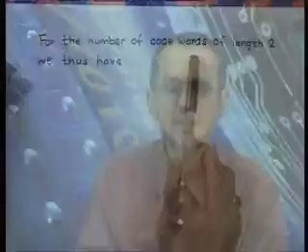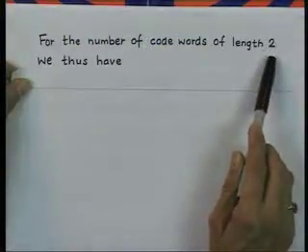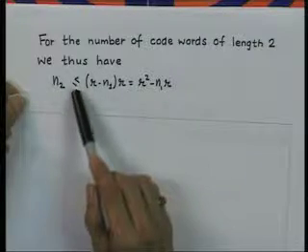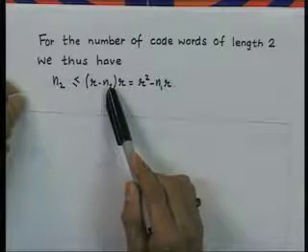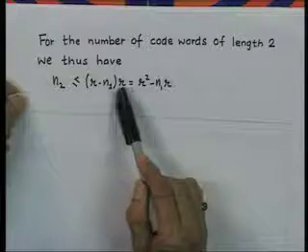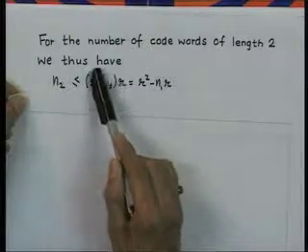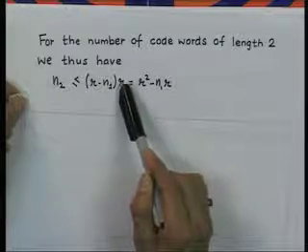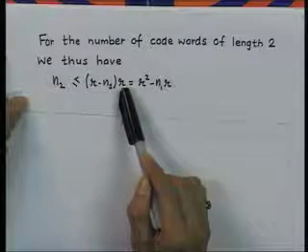Similarly, for the number of code words of length 2, we have n2 should be less than or equal to (r minus n1) multiplied by r. R minus n1 are the prefixes left out. This gets multiplied by the size of the code alphabet, which is r.